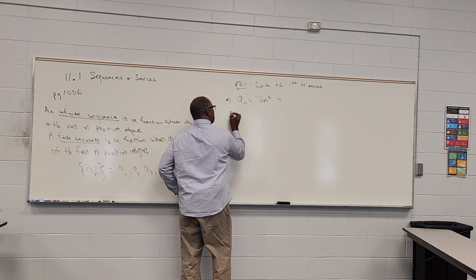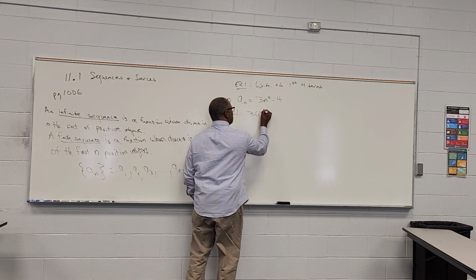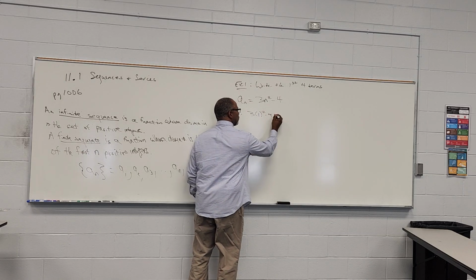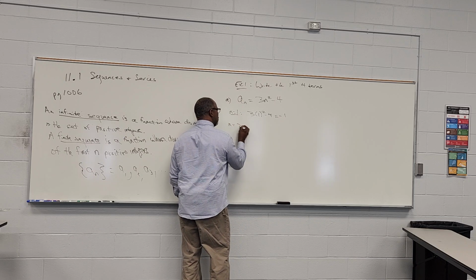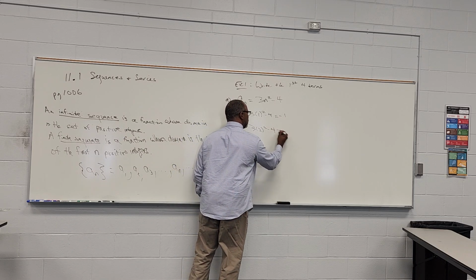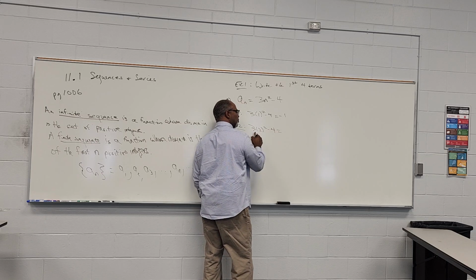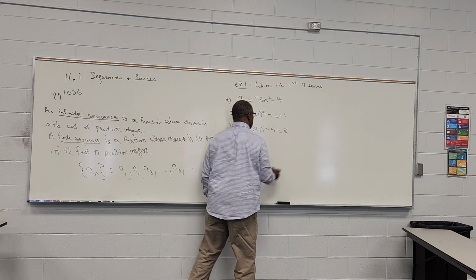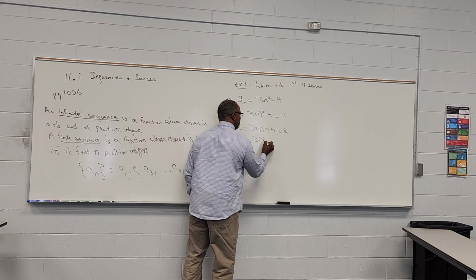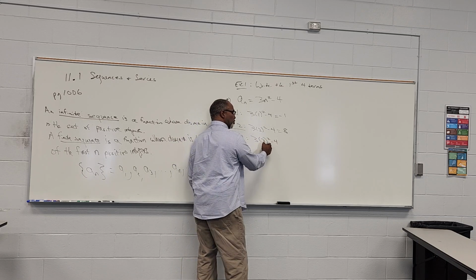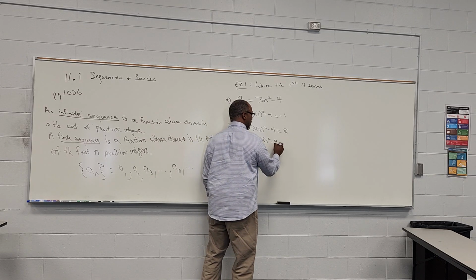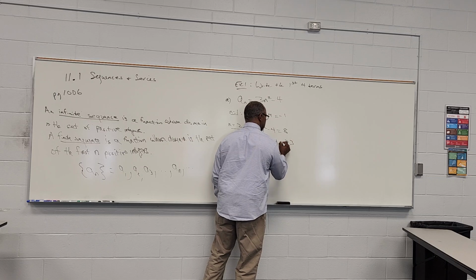So when n equals 1, I'd have 3 times 1 squared minus 4. 3 times 1 squared is 3. 3 minus 4 is negative 1. When n is 2, I'd have 3 times 2 squared minus 4. 2 squared is 4, 4 times 3 is 12, 12 minus 4 is 8. When n is 3, I'd have 3 times 3 squared minus 4. 3 squared is 9, 9 times 3 is 27, 27 minus 4 is 23.